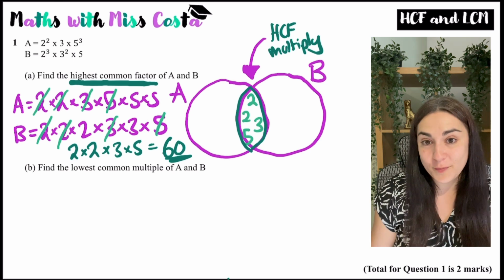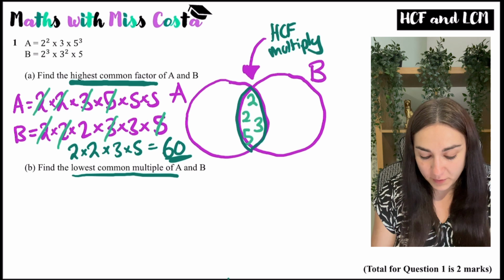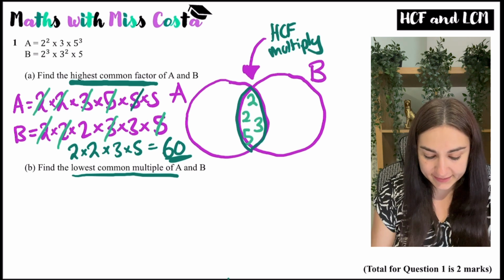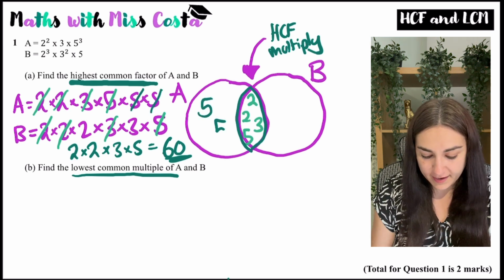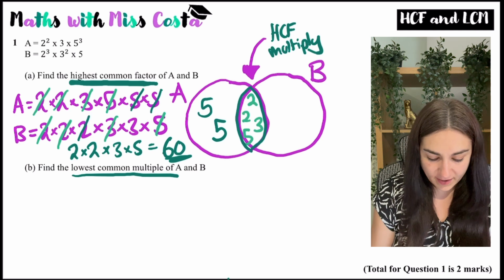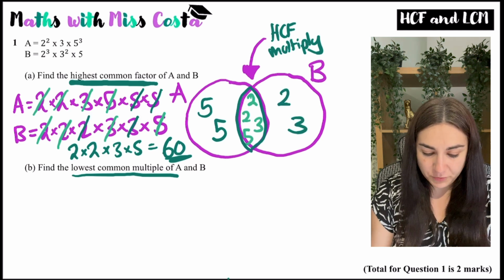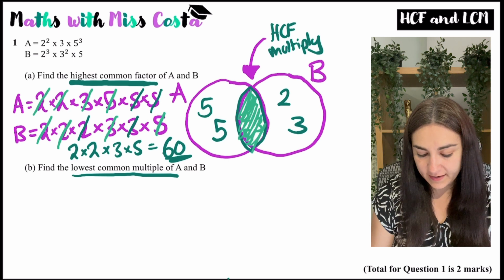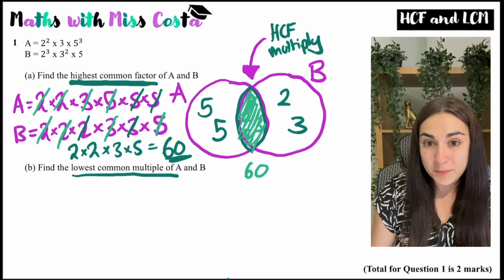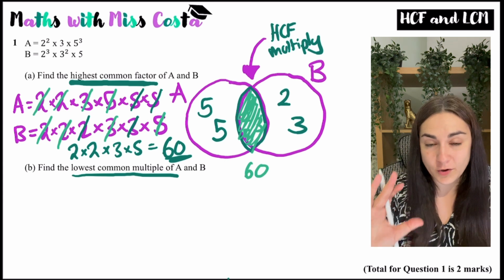Now I can finish off my Venn diagram to find the lowest common multiple. So the numbers I haven't used are 5 and 5 for A, and then I haven't used 2 or 3 for B. So I now know that all of the numbers in this intersection multiply to make 60, and to find the lowest common multiple, I multiply all of the numbers in the diagram.